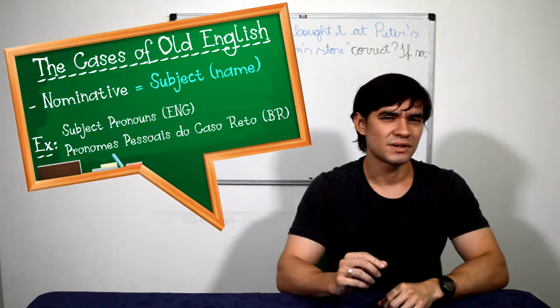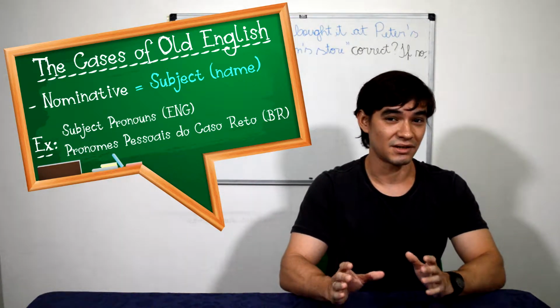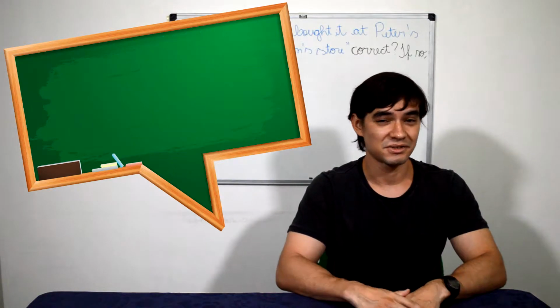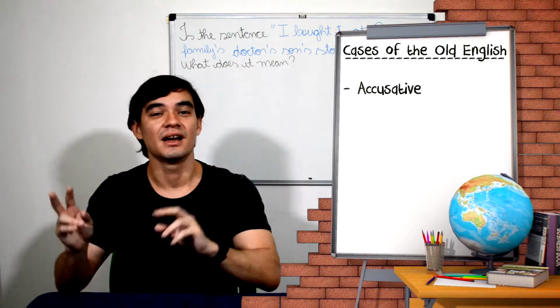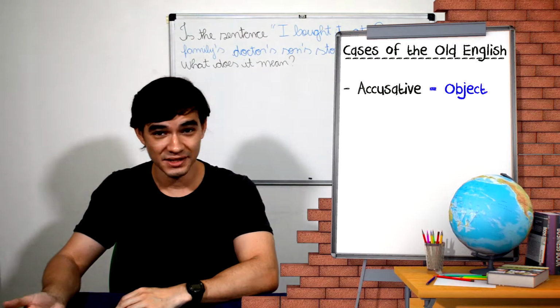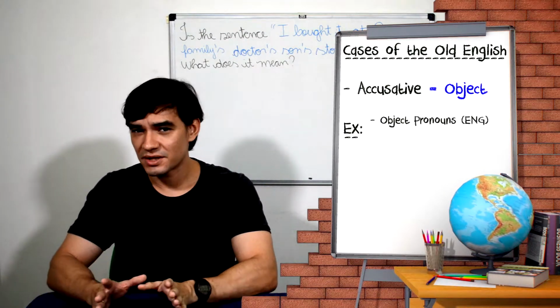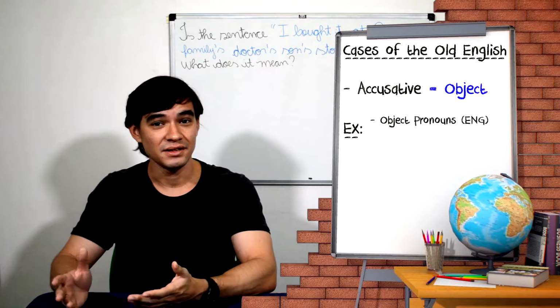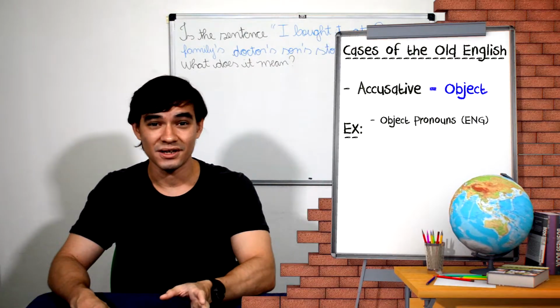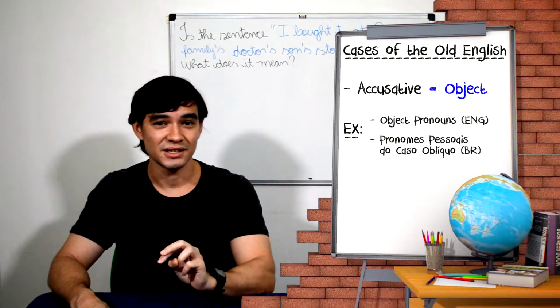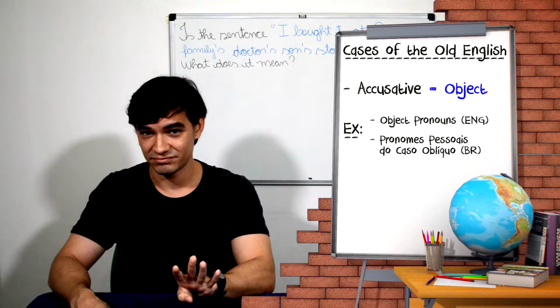If you don't remember what subject pronouns and object pronouns are, we left a link in the description. The accusative case accused the object of the sentence. The object pronouns, for example, are in the accusative case. In Brazilian Portuguese, they are called pronomes pessoais do caso oblíquo.